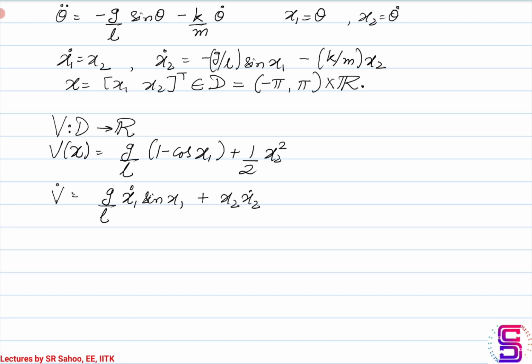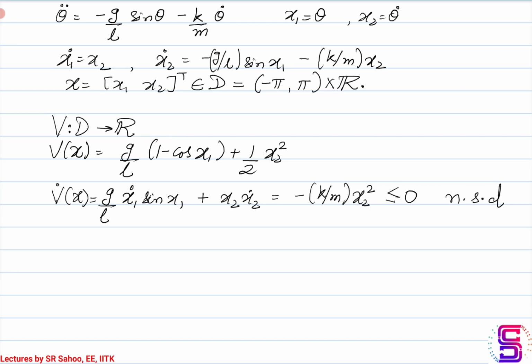Now if you substitute the value of x1 dot and x2 dot in the equation of V dot of x, what we get is of the form minus k by m x2 squared, and this is less than or equal to 0. Basically this is negative semi-definite in the domain D.